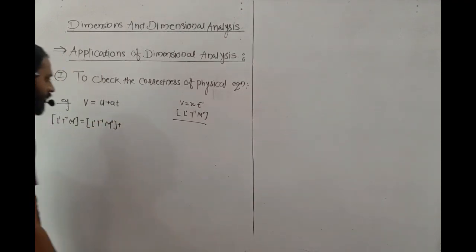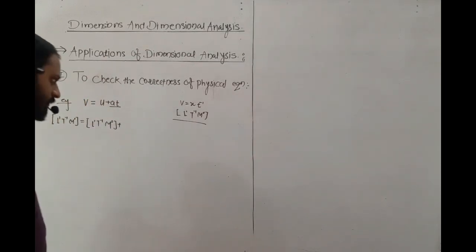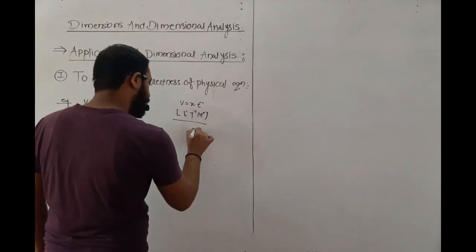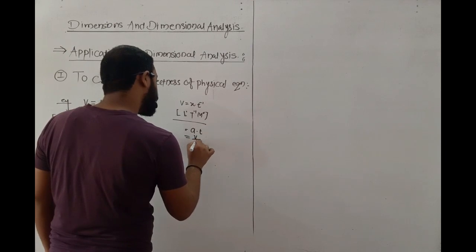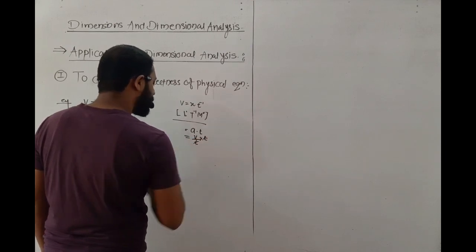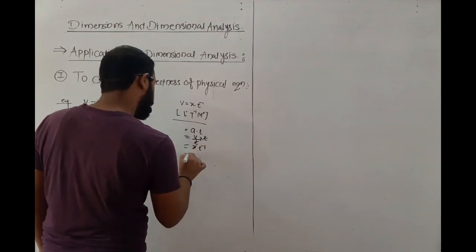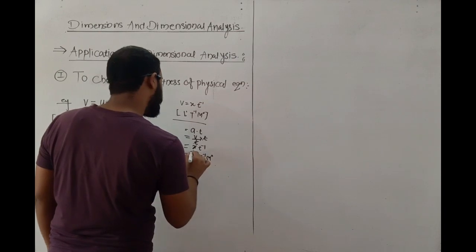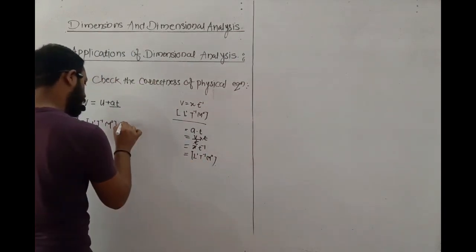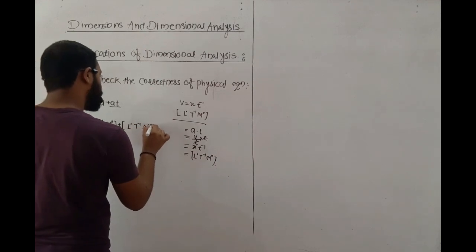Now we have to check the dimension for acceleration into time. Acceleration is nothing but velocity per unit time, into time. Time gets cancelled. Therefore, it is velocity, which is displacement per unit time, so L1 T minus 1 M0.